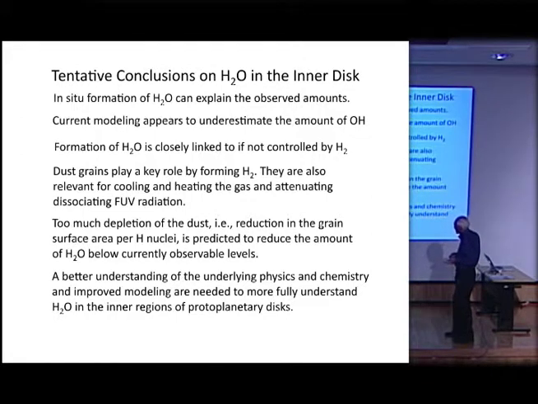And one thing that's kind of interesting is that if we lower the amount of dust in the atmosphere, decrease the surface area by 1,000, let's say, which is what I think Ferlin et al. recommended for AA Tau, then the water goes away.